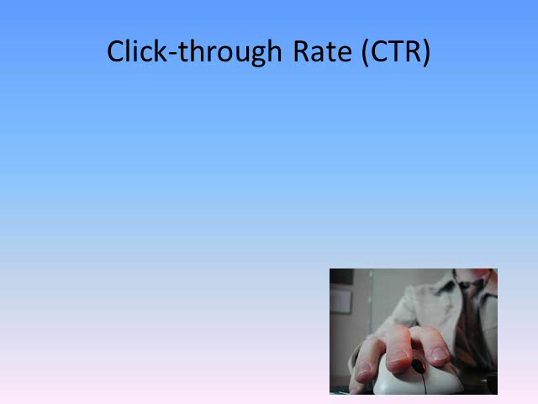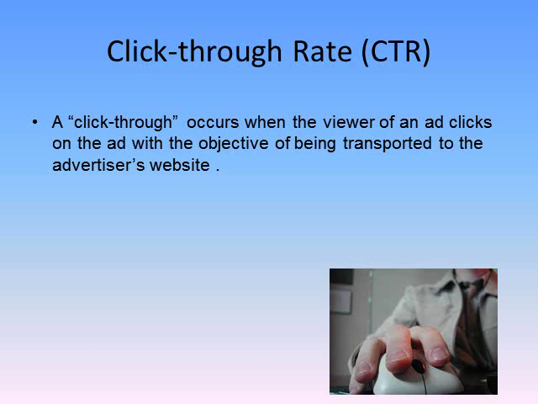Click-through rate, which you have studied, we've talked about it. A click-through occurs when the viewer of an ad clicks on the ad with the objective of being transported to the advertiser's website. It's a click-through that gets the ad's viewer to your landing page, in other words.